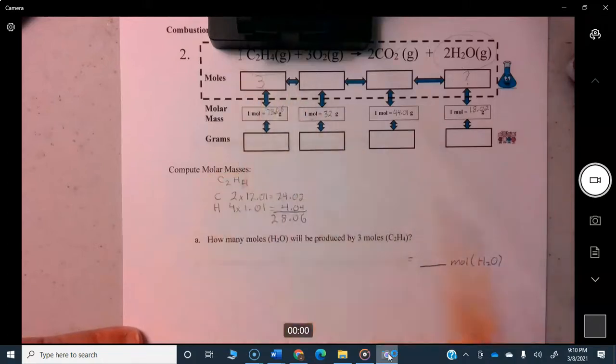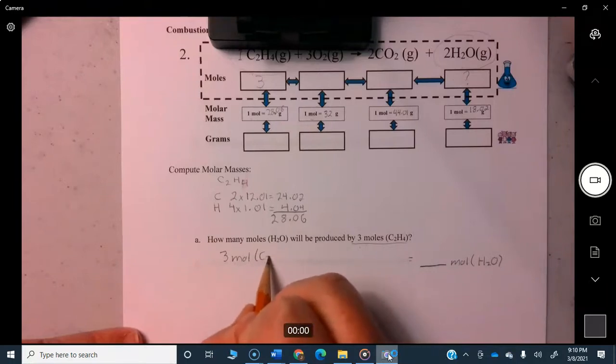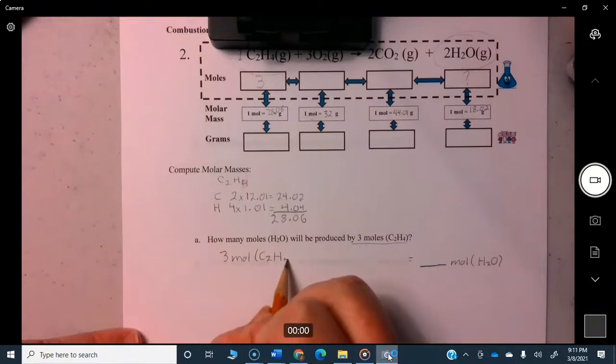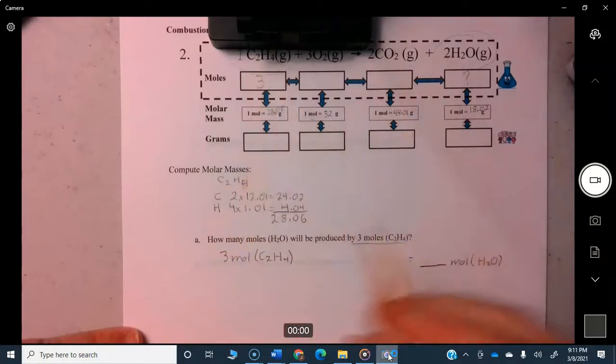And over here we start with 3 moles of C2H4. Since we're just going from moles to moles, it's a 1 conversion problem.